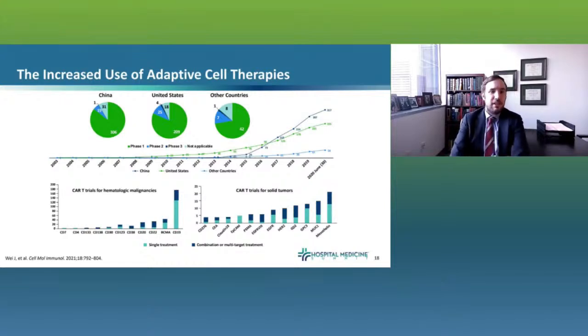And here, I've been alluding to this as well, increased use of adaptive cell therapies. It's very clear to see by all these charts that there's been a tremendous uptick in the studying of and use of these agents in very rapid fashion. I mentioned 2011 earlier being the first approval for melanoma with ipilimumab.